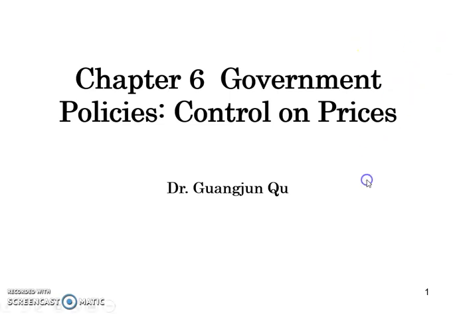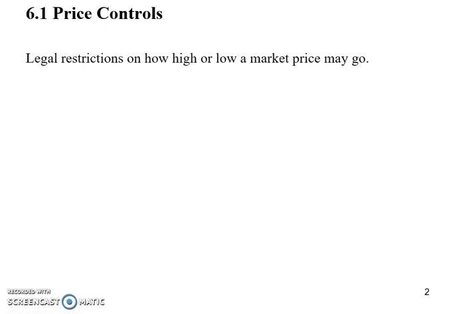Here, let's get the price control defined in the first place. They are the legal restrictions on how high or low a market price may go. Here we have two types of price controls. The first one is price ceiling. Price ceiling is the legal maximum on the price.